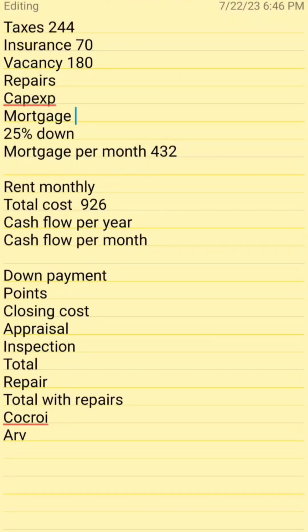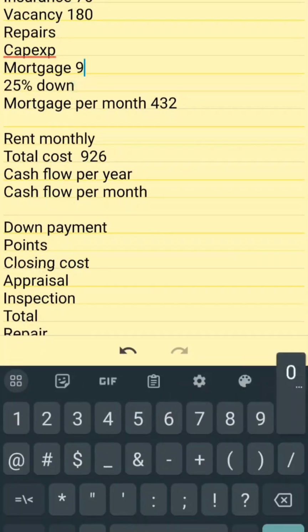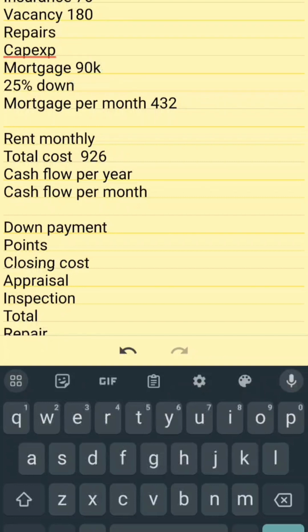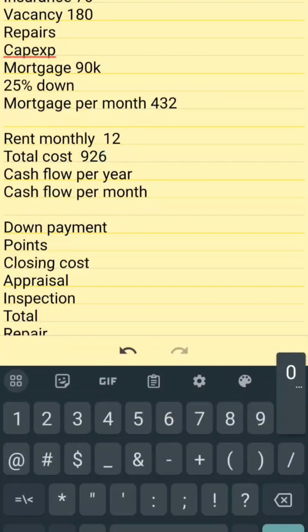They are responsible for snow removal and lawn maintenance. This is where we need to bring everything together. We know the mortgage is going to be $90K. We know rent monthly is going to be $1,200. Now we need to figure out what our down payment is.